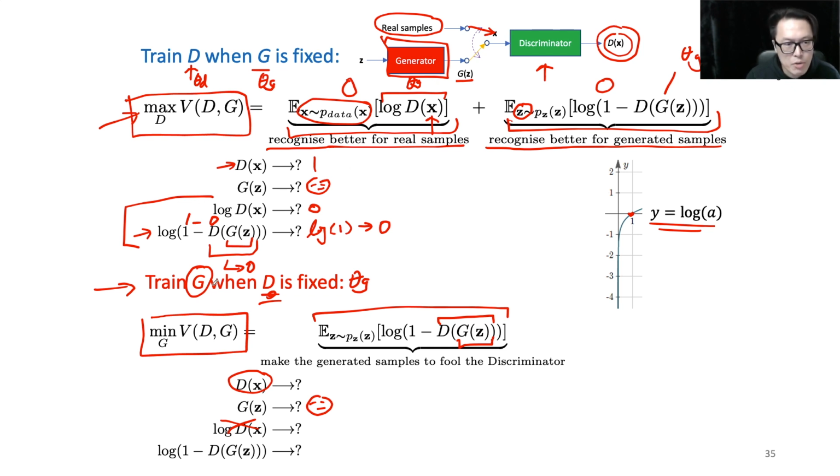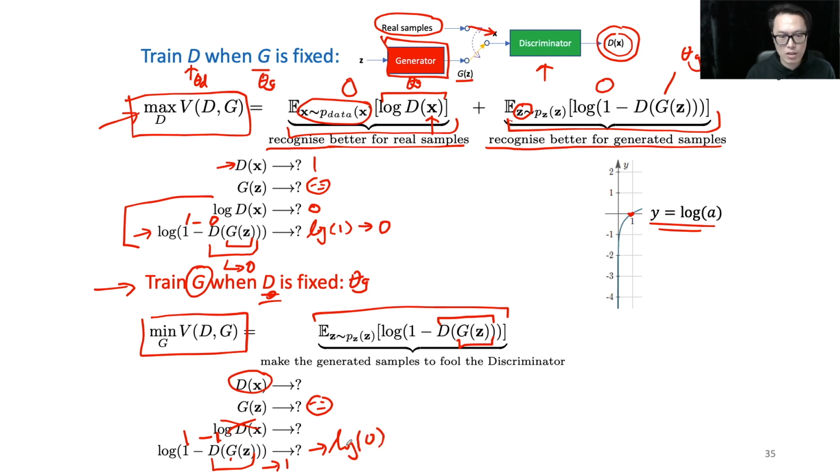Because the generator would like to generate samples as real as possible, we expect that D(G(z)) would be 1, because we want the discriminator to think the sample is real enough. When D is 1 right here, 1 minus 1 becomes 0.